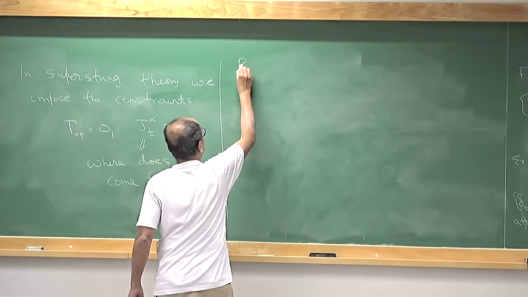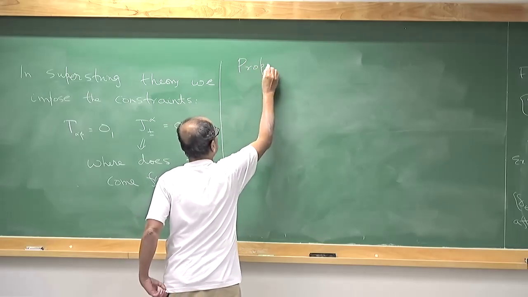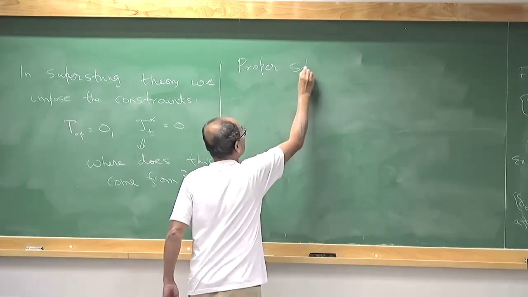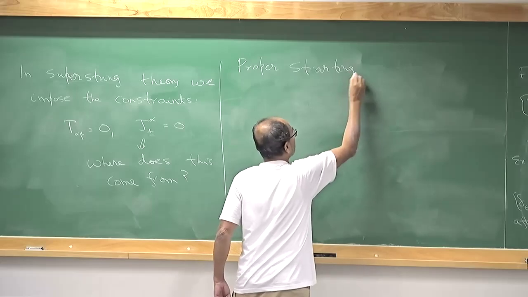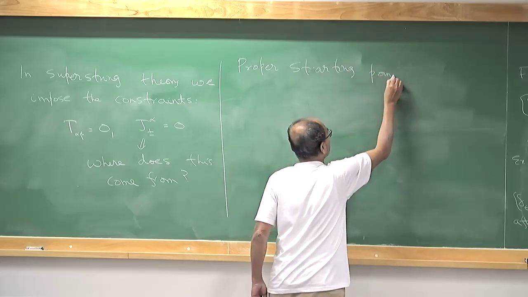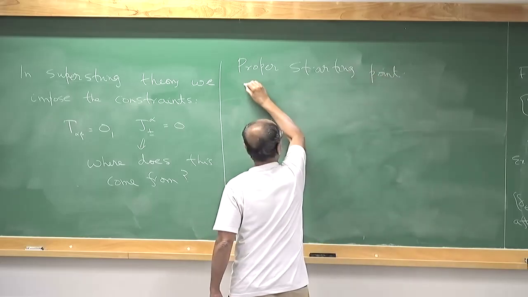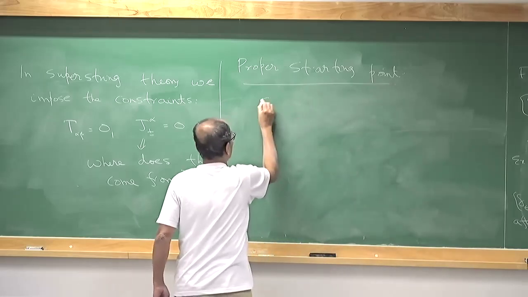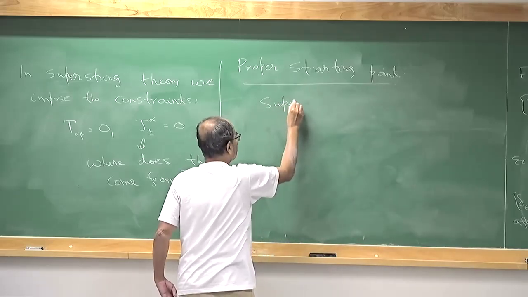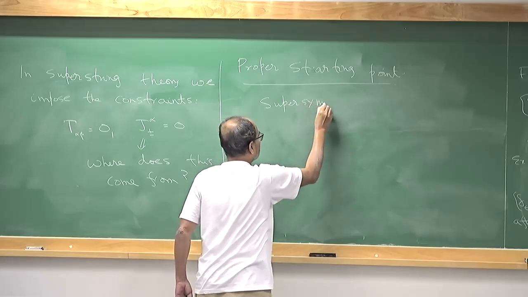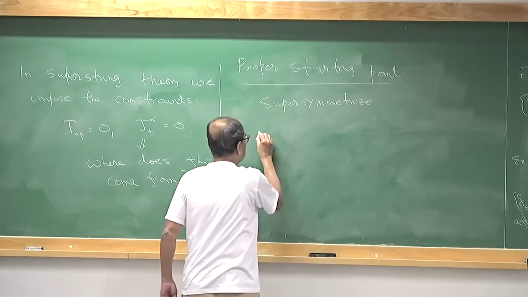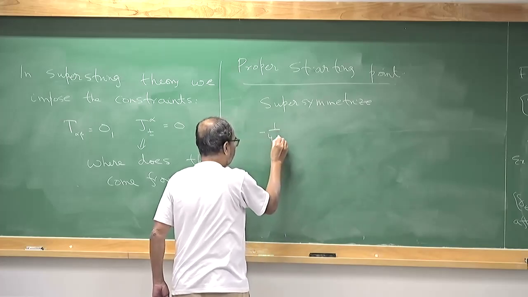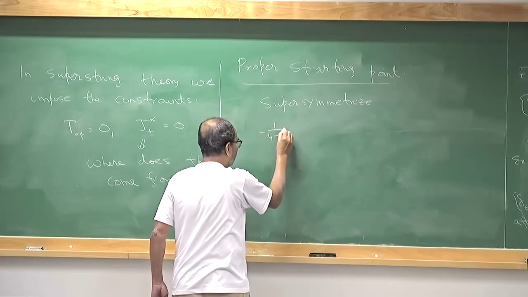The proper starting point is to supersymmetrize the covariant gauge unfixed action, minus 1 over 4 pi alpha prime.